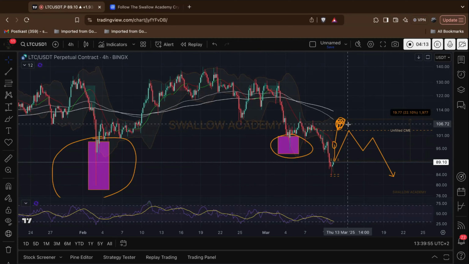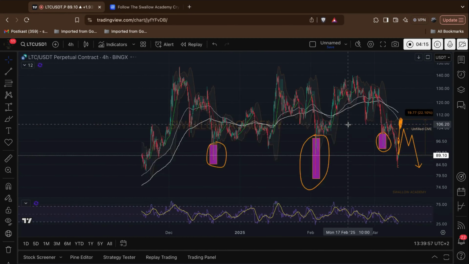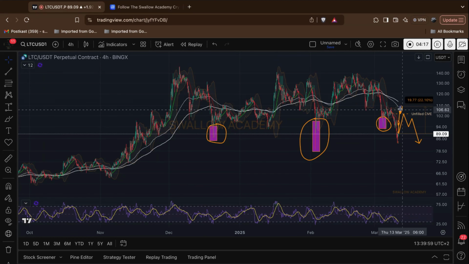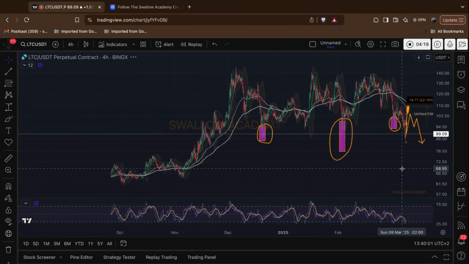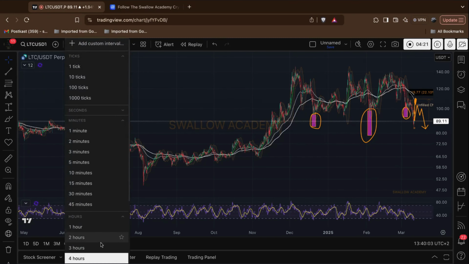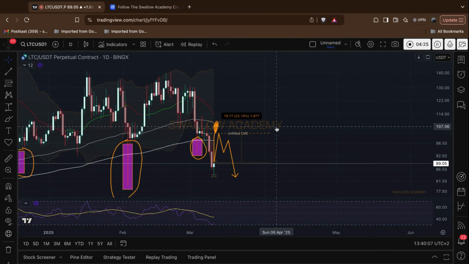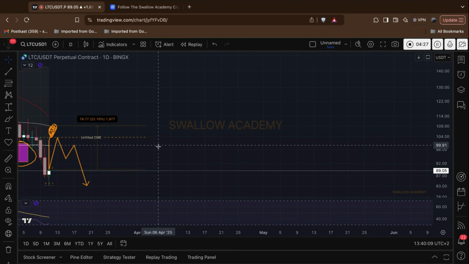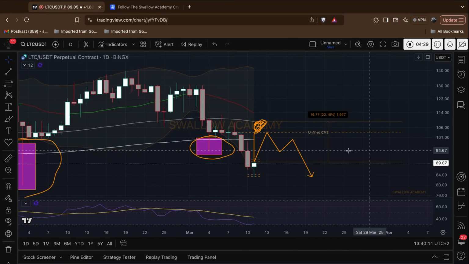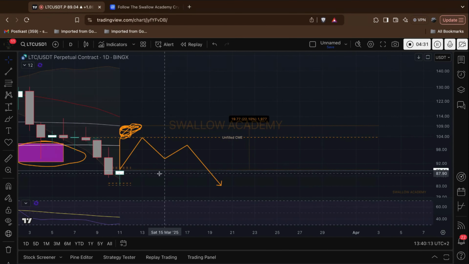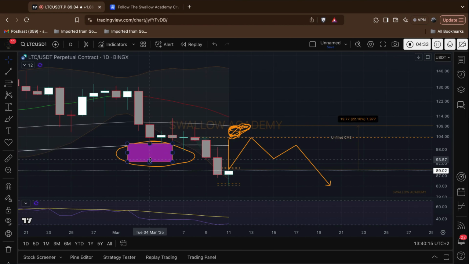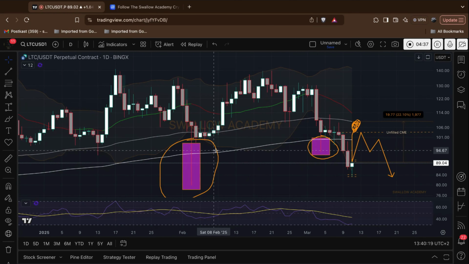Once we reach this zone, then we are most likely going to look for another attempt to the lower zone, so we will keep on falling lower and lower. Now, taking a quick look at the daily time frame as well, we see that we had been in the oversold zone for quite some time with the Bollinger Bands.